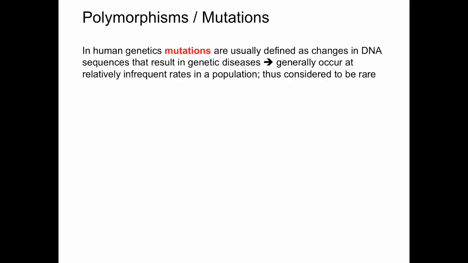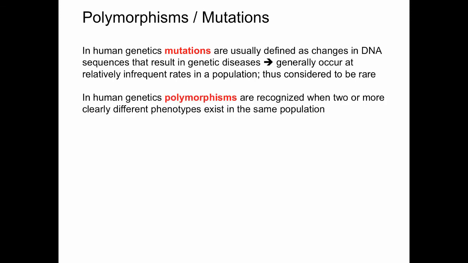Now we can talk about polymorphisms and mutations. In human genetics, mutations are usually defined as changes in DNA sequence that result in genetic diseases. These generally occur at relatively infrequent rates in a population, so mutations are considered to be rare.